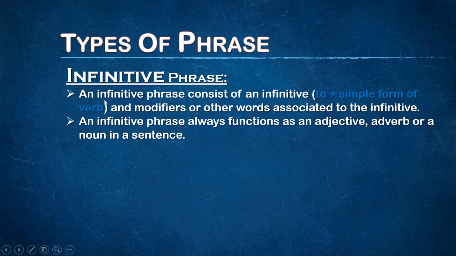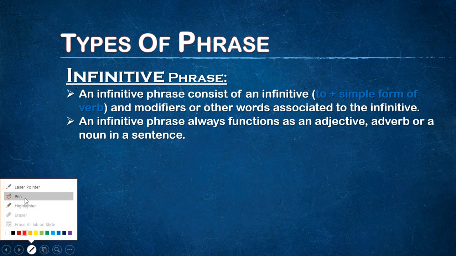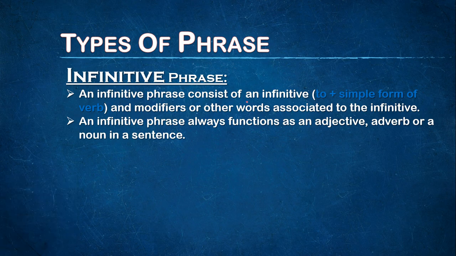Infinitive phrase. An infinitive phrase consists of an infinitive, that is, to plus the simple form of a verb, and modifiers or other words associated with the infinitive. An infinitive phrase always functions as an adjective, adverb, or a noun in a sentence.